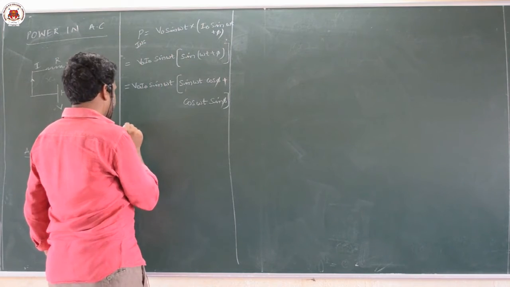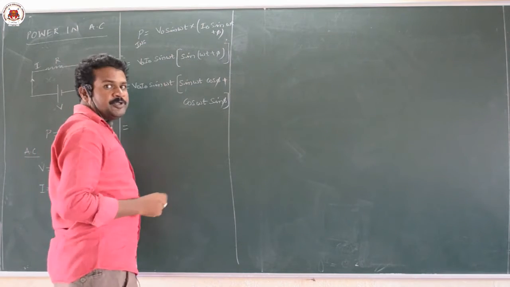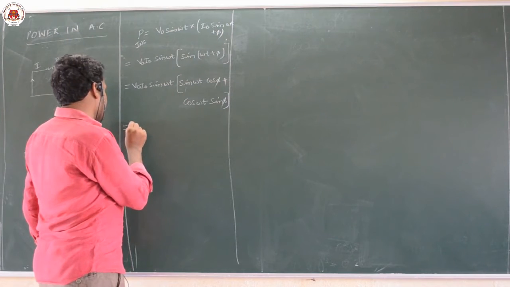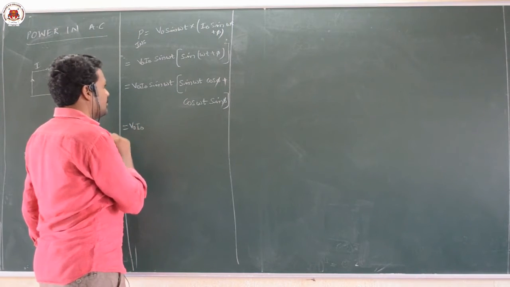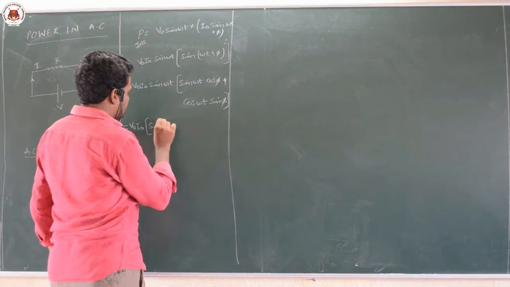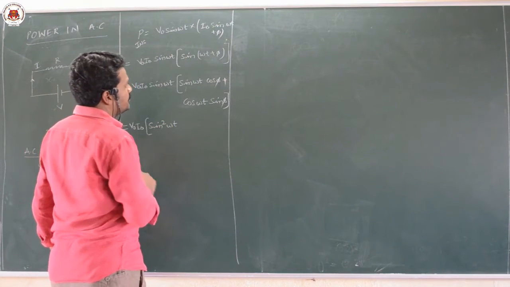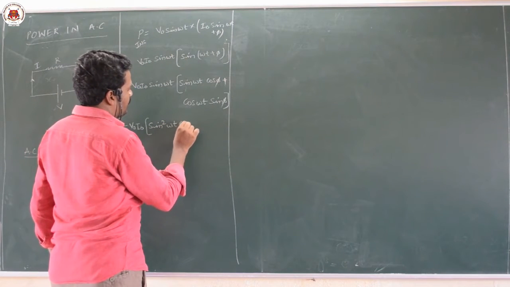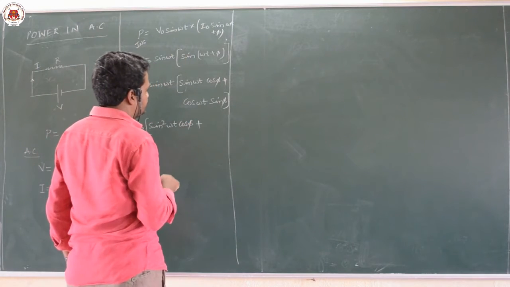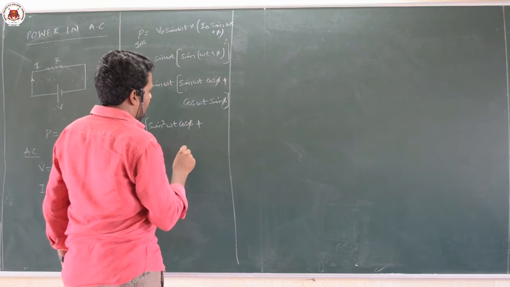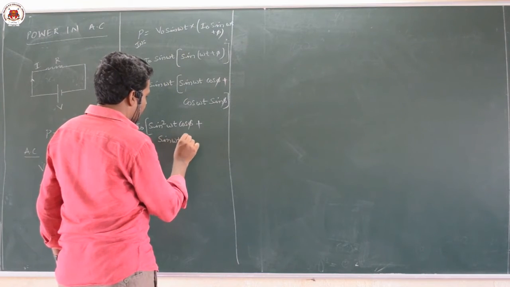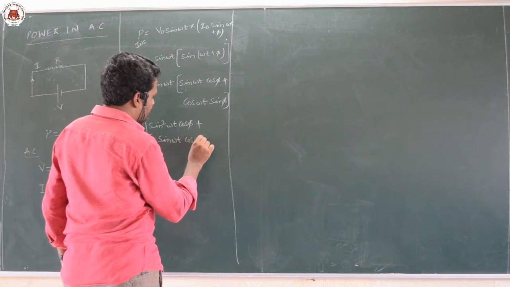Now, multiply sin omega t inside the brackets: V naught I naught sin square omega t cos phi plus sin omega t cos omega t sin phi.